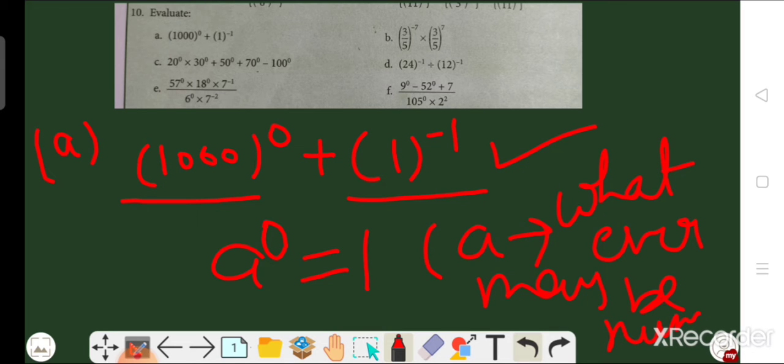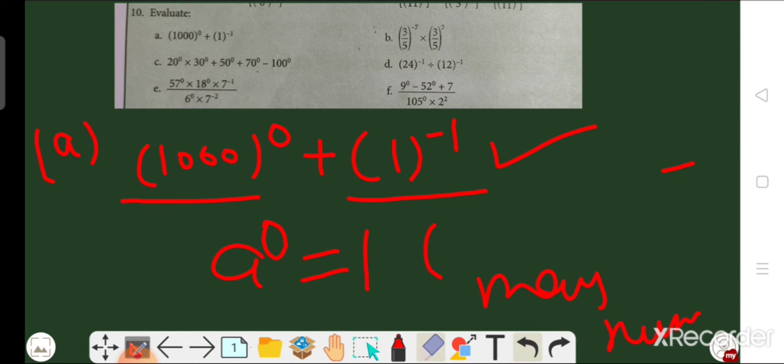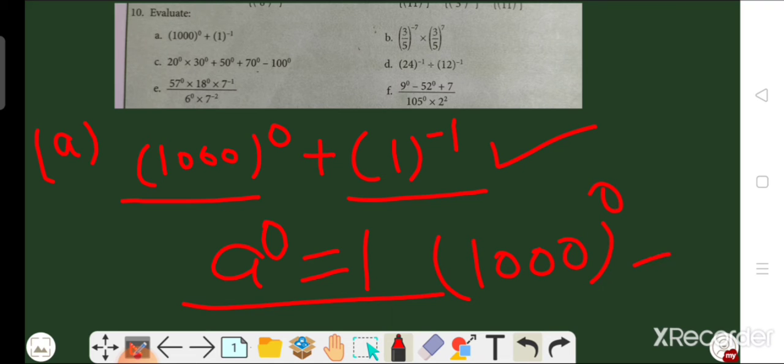It means, beta, a can be any number, 1 2 3 4 5 6 7 8, 1000, 10,000, lakh, crore, whatever the number, however large, however small. So by using this property we can write 1000 raised to the power 0 is equal to 1. So the value of 1000 raised to the power 0 is 1.